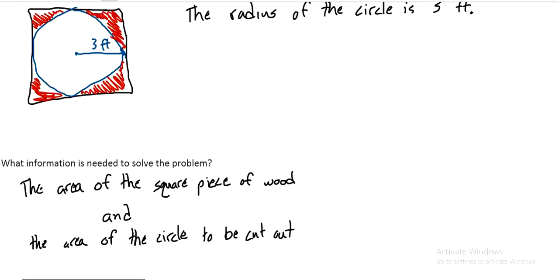The reason we're finding those two areas is because if I can find out how much area I'm removing from the area of the square, I'll be able to find out how much area is left over. Again, those red pieces left over.